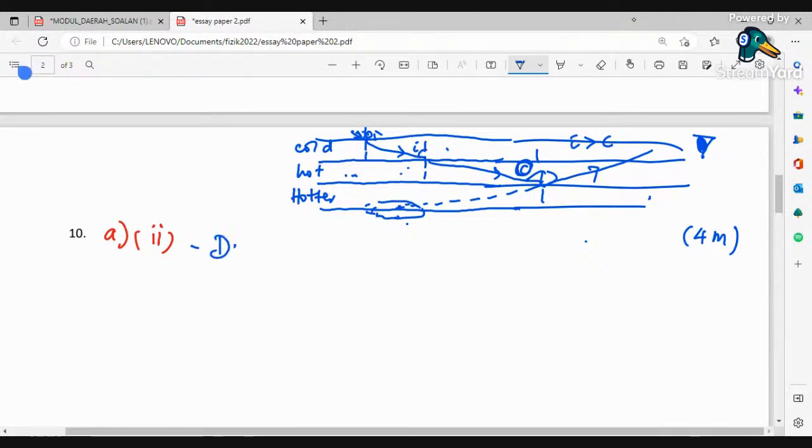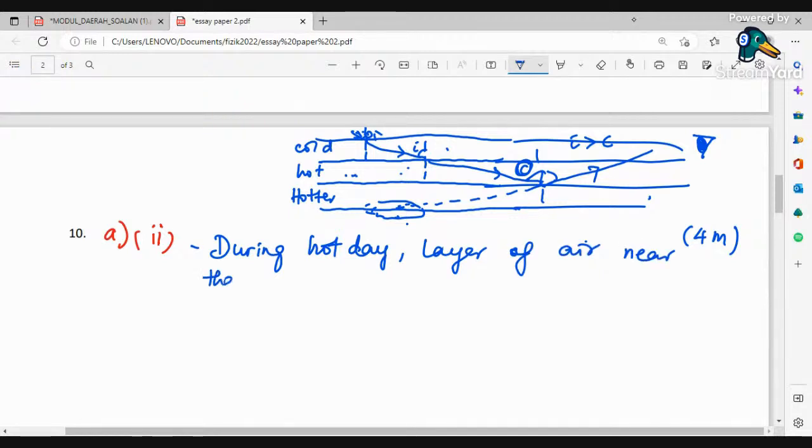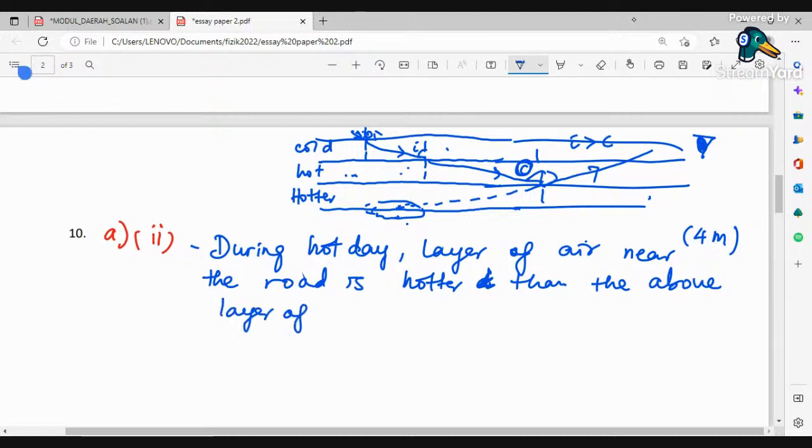Just, during a hot day, the layer of air near the road is hotter than the layer of air above.